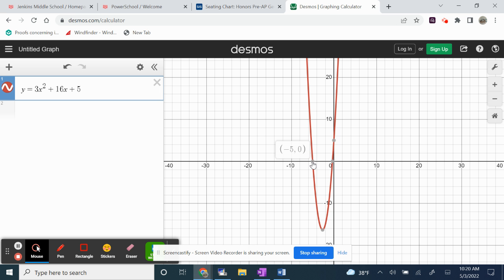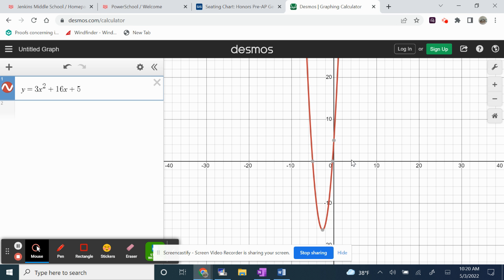So if I click on that point right there, it's -5. You guys see that? When I go on this point over here, it's -0.333 repeating, which is what? -1/3. So what you're really doing when you're solving is the solutions to a quadratic are where it's crossing the x-axis. You guys understand that?